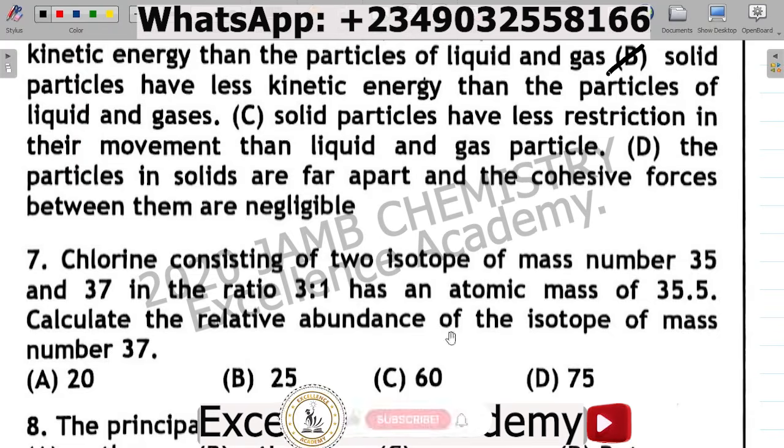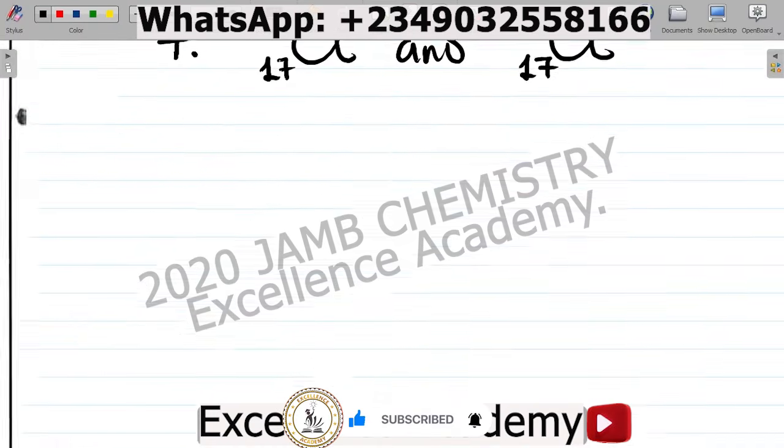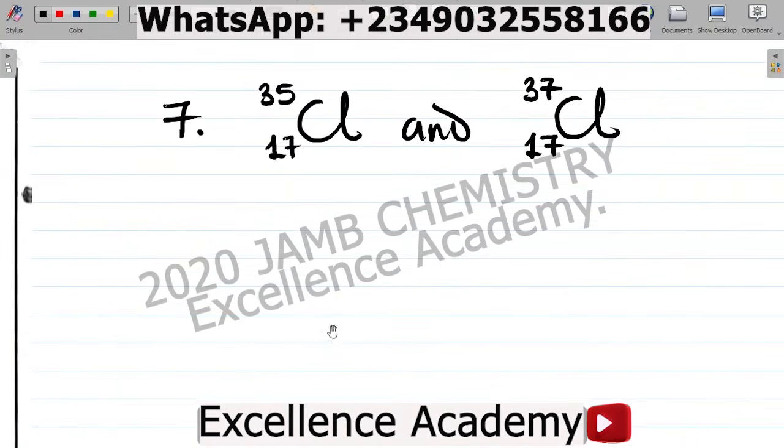Now we're asked to calculate the relative abundance of the isotope of mass number 37. How do we do that? Now we do not know the value of the relative abundance of chlorine 35.